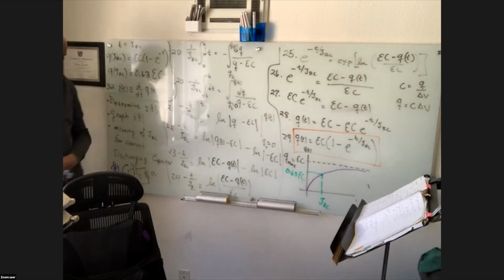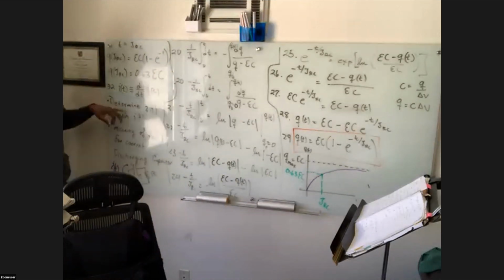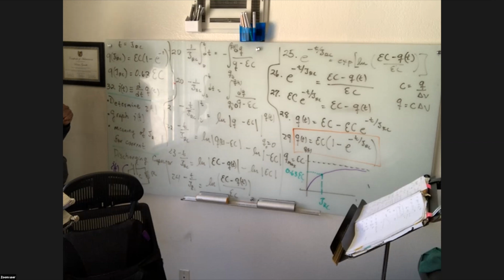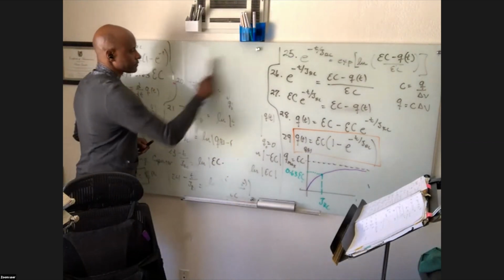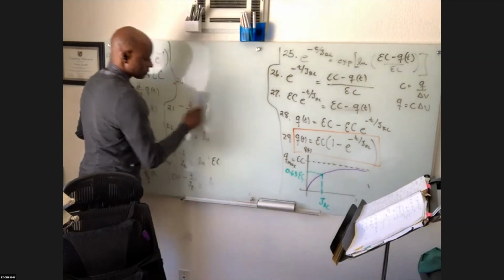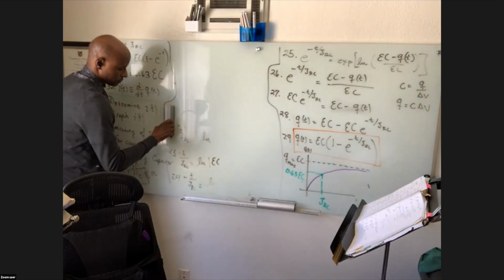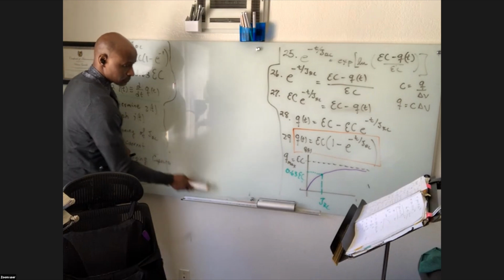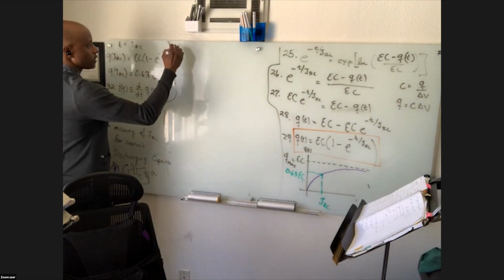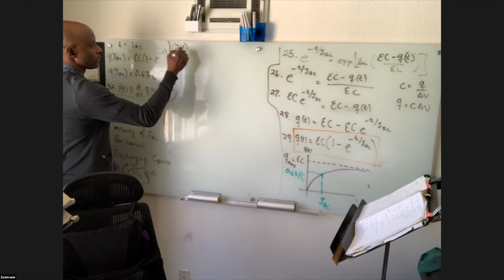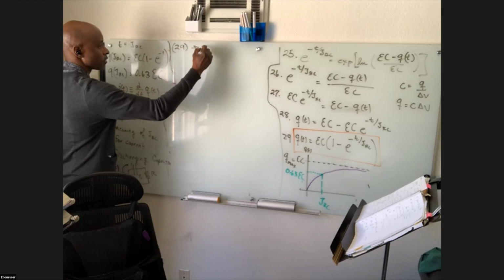All right, let's go ahead and do this current. Starting with equation 29, I'm just going to plug that into equation 32 and take the derivative. So 29 into 32.